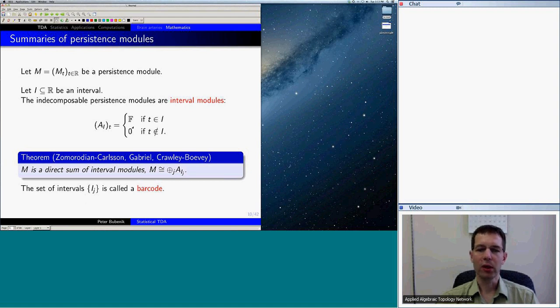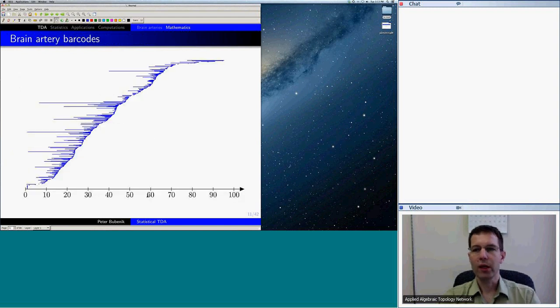Any persistence module can be written uniquely as a direct sum of interval modules. So this set of intervals completely characterizes a persistence module. A set of intervals, or multi-set, is usually called a barcode. For the data, this is what the barcodes look like for a few of the subjects.